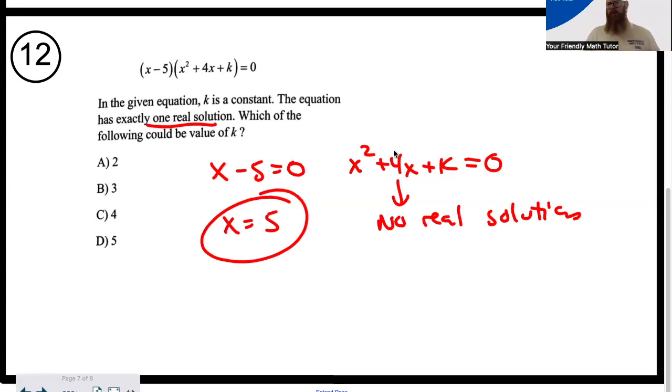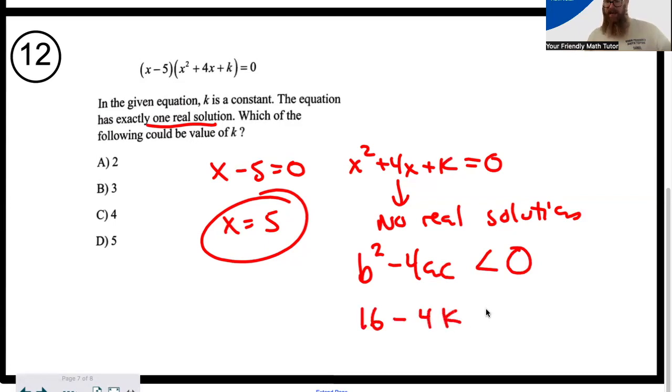So if I want no real solution, I want the discriminant, b squared minus 4ac, to be less than 0, because remember, the discriminant is under the radical. And you can't take the square root of a negative, which is what would lead to no real solution. So b squared is 16 minus 4 times a, which is 1, times c, which is k.